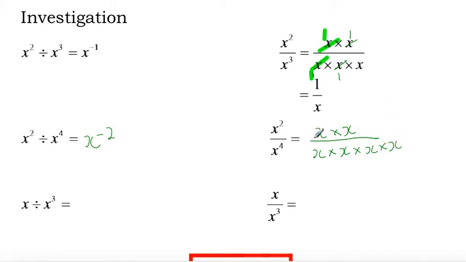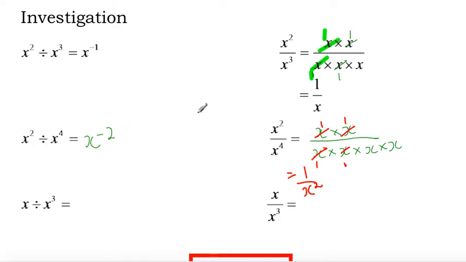Now if I do some cancelling, x over x is 1 over 1, x over x is 1 over 1. So what I have left in the numerator is 1, but in the denominator I still have x times x. So I know that that's x squared. Again, same question, answer just looks slightly different.